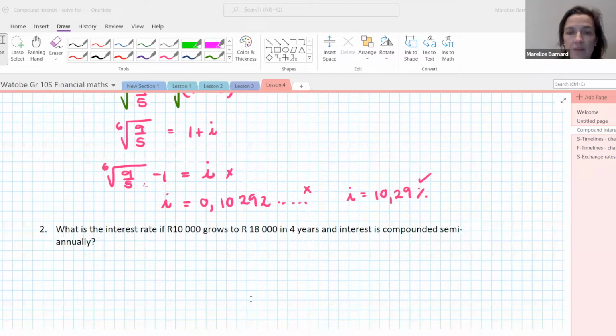Remember that semi-annually means twice a year, so that affects your interest rate and it affects your number of years.